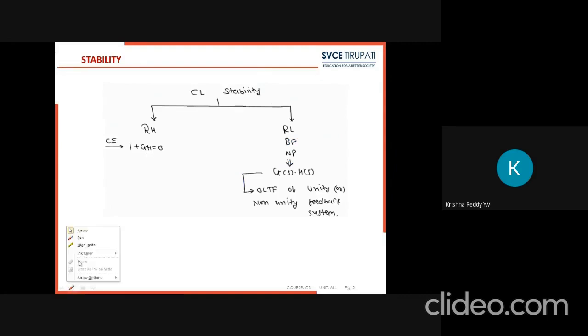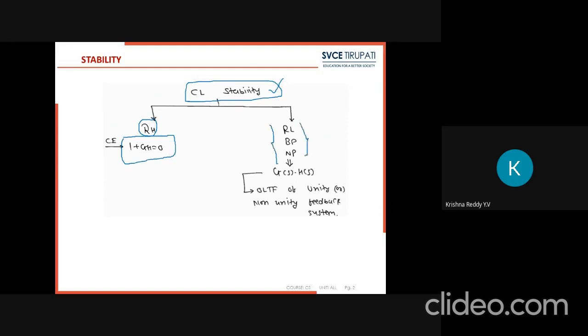In the stability concept, we are calculating the closed loop system stability. The RH criteria takes only the characteristic equation of the closed loop system. In all the remaining methods, we take the open loop system in order to determine the closed loop system stability.